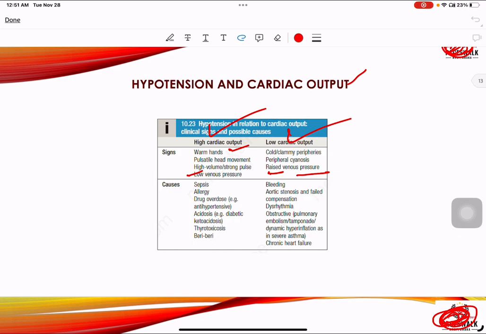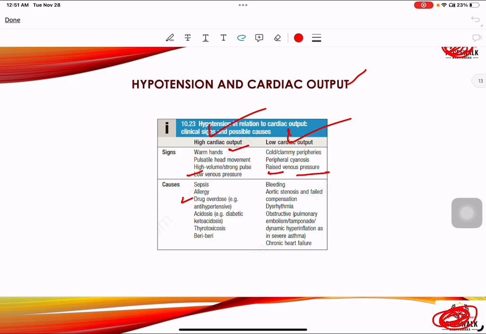Sepsis, allergic reaction or anaphylaxis, drug overdose like some antihypertensive drugs, acidosis like diabetic ketoacidosis or lactic acidosis, thyrotoxicosis and beriberi can lead to high output cardiac failure.